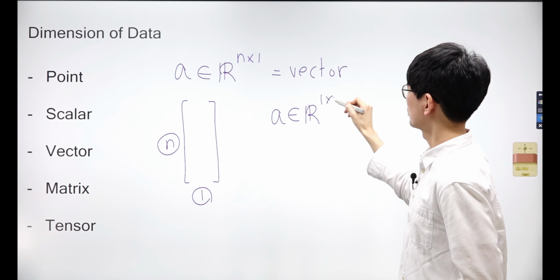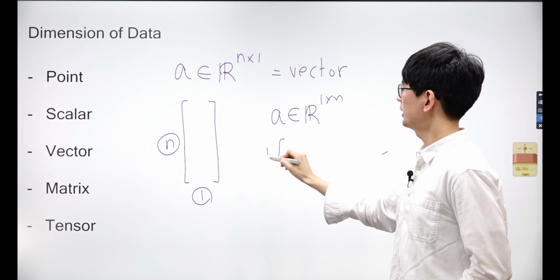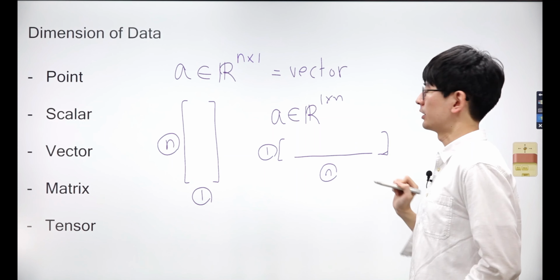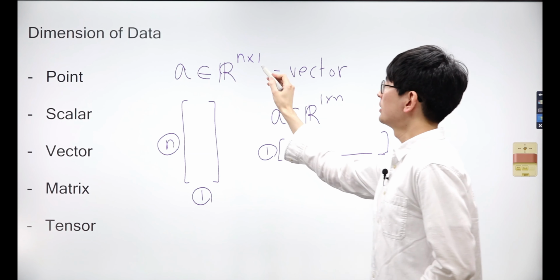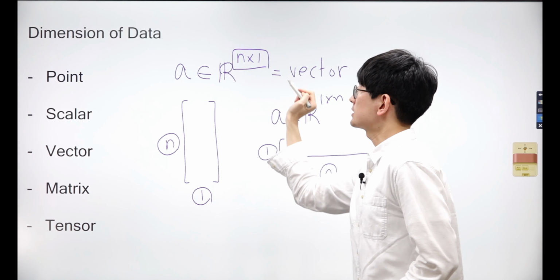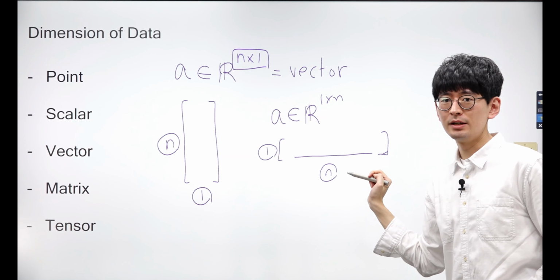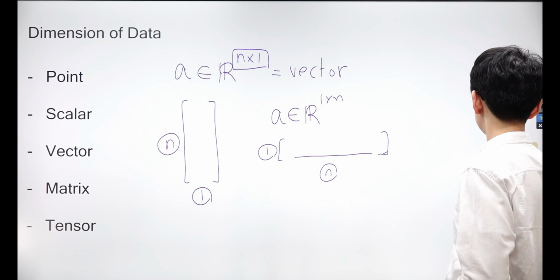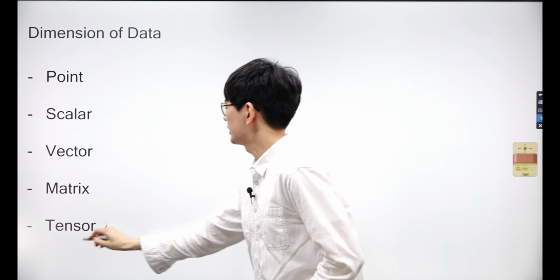The vertical length of the data is 1, and the horizontal length of the data is n. So it's a vector as well. Even if our data look like matrices, they are still vectors. So be careful not to be confused even when they look like matrices.